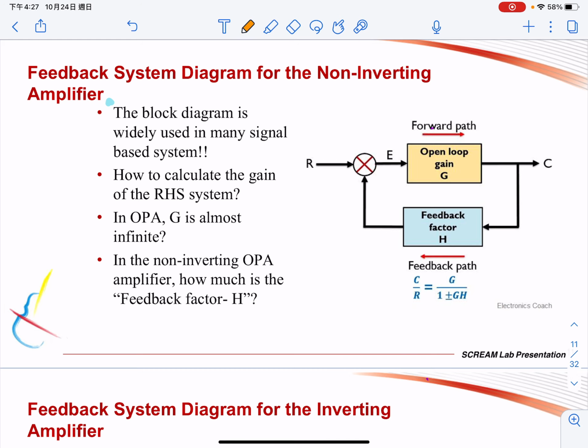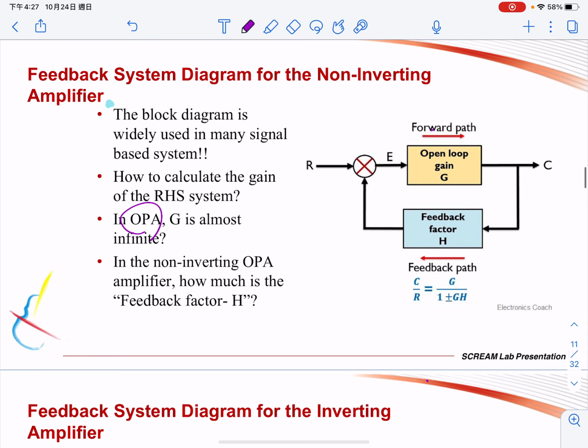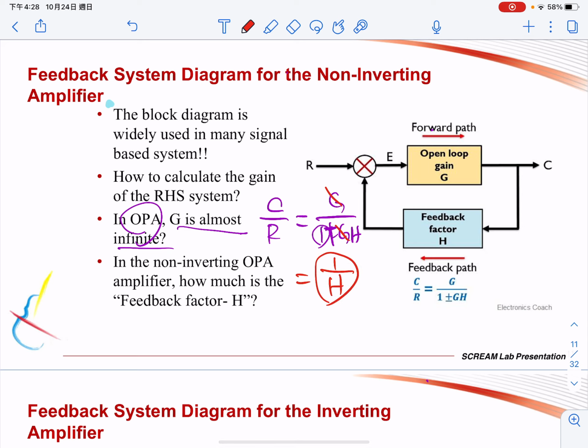So because for an operational amplifier, G is almost infinity, C over R will be equal to G over 1 plus GH. But since G is very big, let's assume the 1 is very small. So G is eliminated. So the amplification factor is usually 1 over H, right? So then what is the feedback factor?